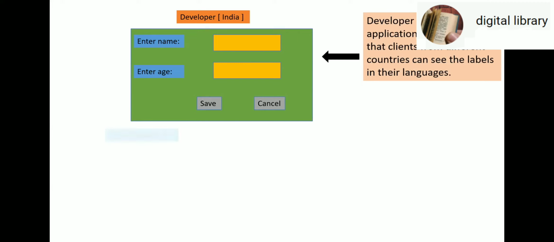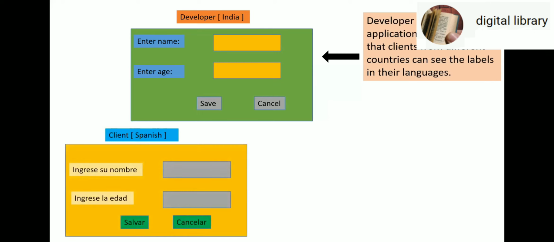For example, we have a Spanish client. This developer who is from India has got a Spanish client. Now that Spanish client can see this GUI application in this way. This is what I have converted from English to Spanish, nothing fake.